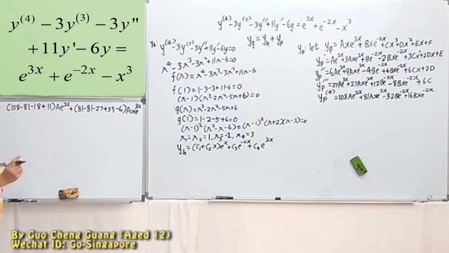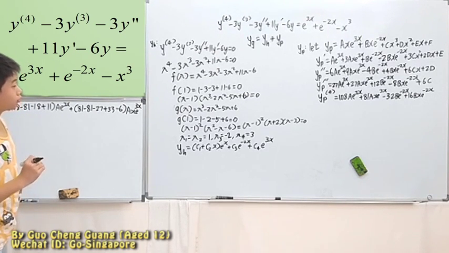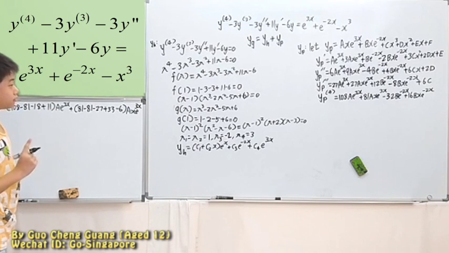Then after that will be your e to the power of negative 2x.